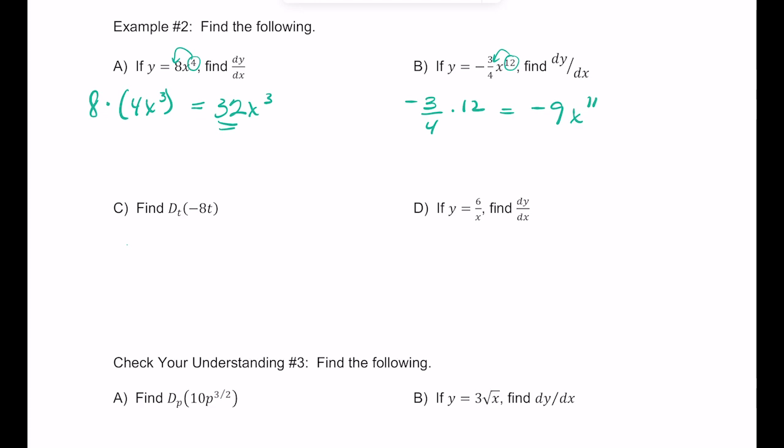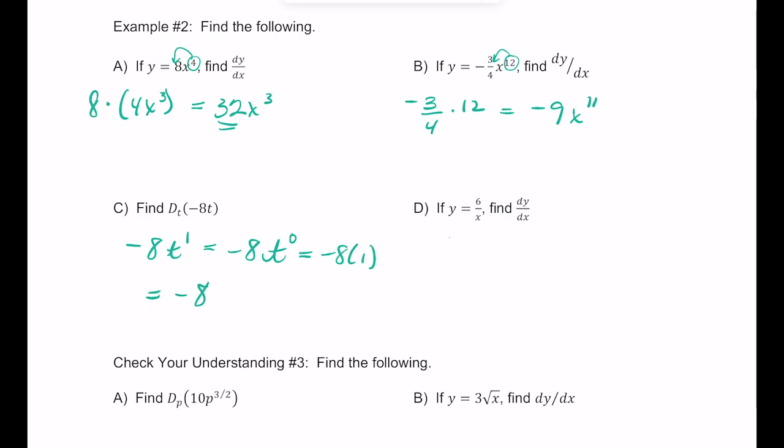So we've got negative 8t, and again, your exponent is 1. 1 times negative 8 is just negative 8. And if I subtract 1 from that power, I get t to the 0. And we know that t to the 0 is 1, so negative 8 times 1 just gives us negative 8.